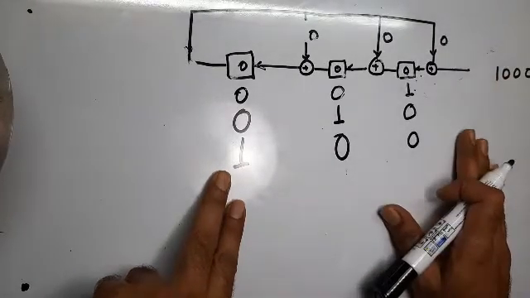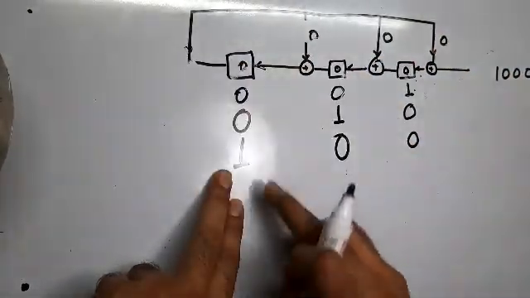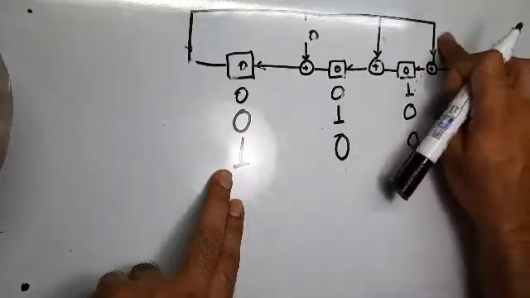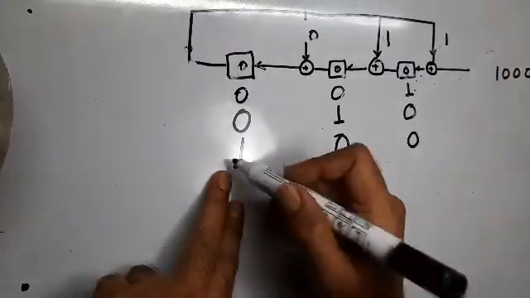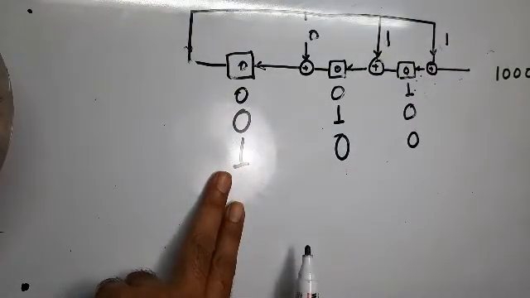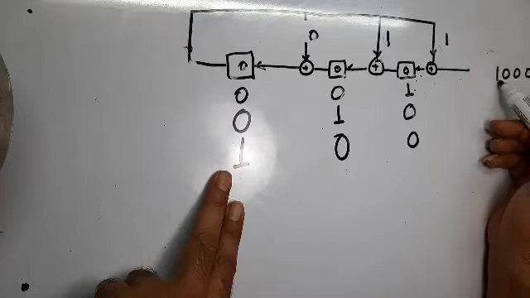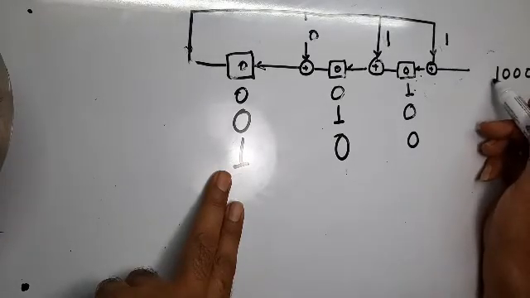Before going to the fourth clock tick, we need to update this value. Right now, what is the value in this register? It is 1. So this one makes these 2 bits 1 1. So this is the value that is going to be pulled over there. Then the operation will start for the fourth clock tick.